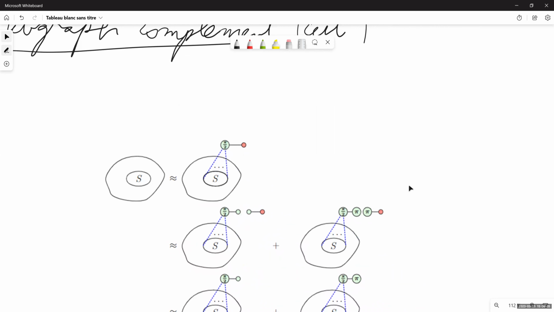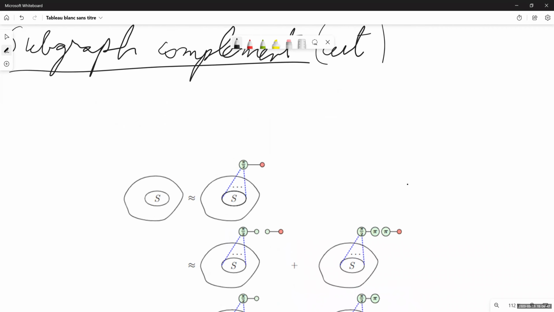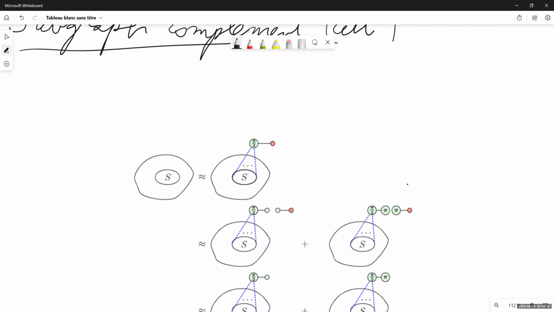If you have a diagram and S is the subdiagram you want to cut, you do this trick where you add a pi over 2, but you add a red spider. Because of pi copy, this copies through and changes color, so basically you haven't done anything. But once you're here, you can do the resolution of the identity on that wire.